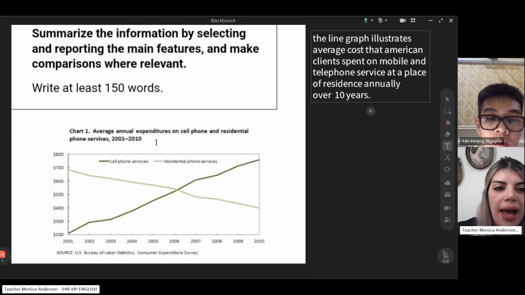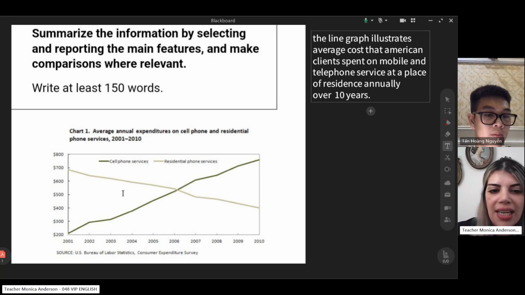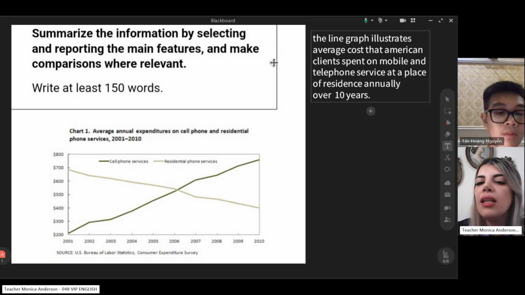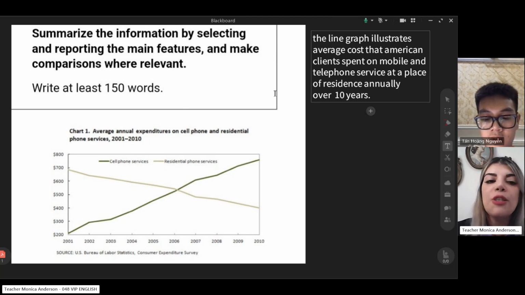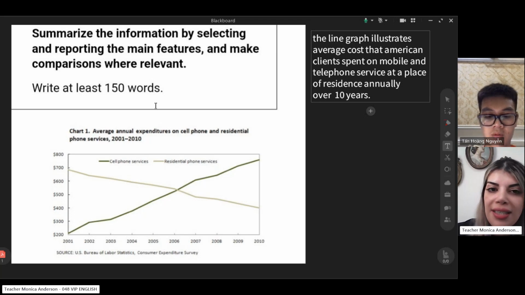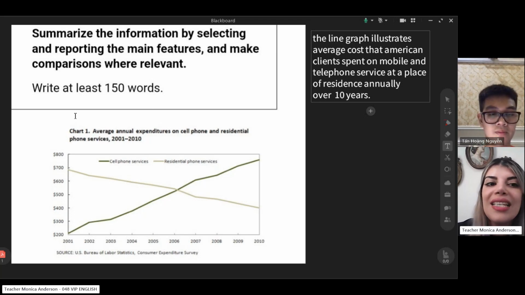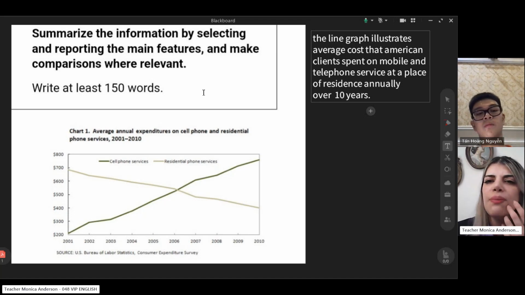We are talking about, as you can see, phone services in the US, American customers, people who spent money on what? Mobile phones, cell phones, and residential phone service. What does it mean?